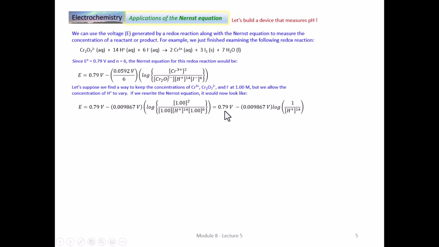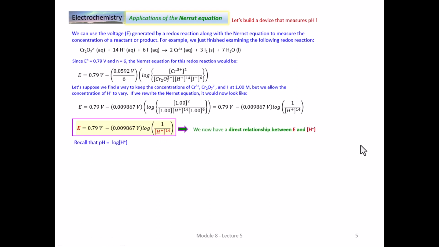If we simplify this, since we have these factors of 1 in the numerator and some ones in the denominator, we can simplify this to saying that the measured potential would simply be 0.79 volts minus 0.009867 volts times the log of 1 over the 14th power of the hydrogen ion concentration. In other words, there's a direct relationship between the measured potential and the hydrogen ion concentration.